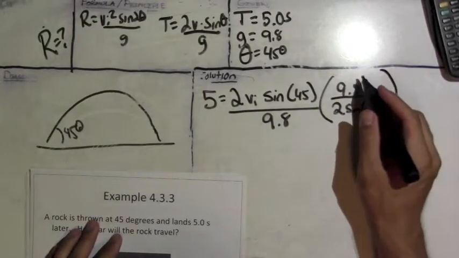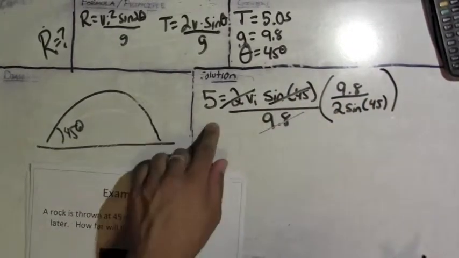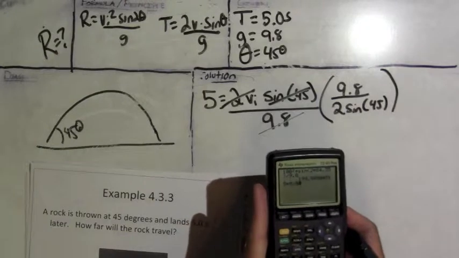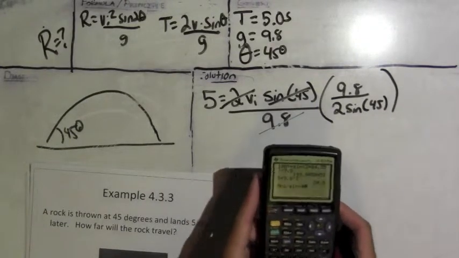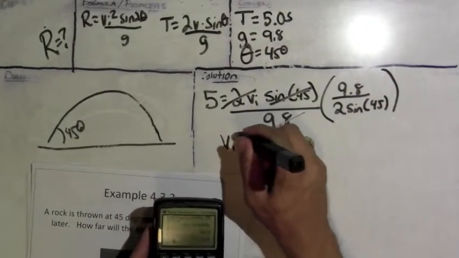When we do that, it crosses out here, here, and here, and then I'm just going to have on the other side 5 times 9.8 divided by 2 divided by the sine of 45.